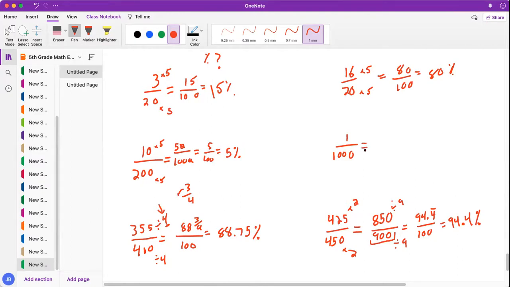I'm not finished with it, so can you go over how to do 1,000s when there's nothing to cancel? Yeah, so this one's kind of weird, right? Because we don't have any zeros. But what we want to do is to get it over 100, right? And so we need to get from 1,000 to 100.